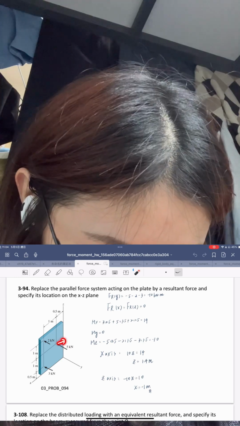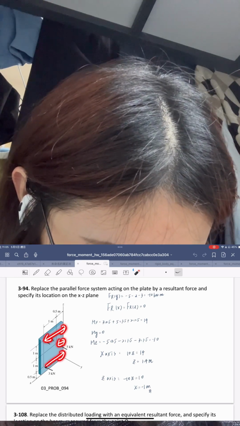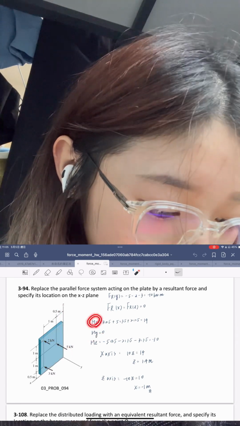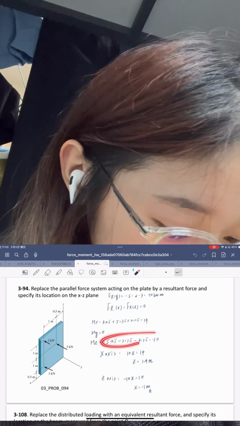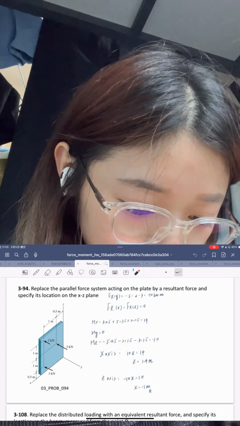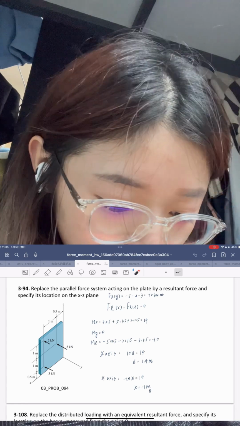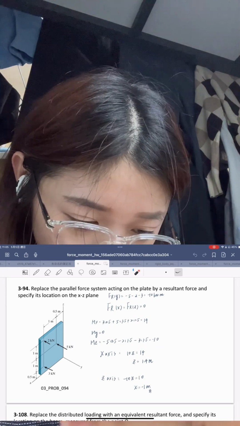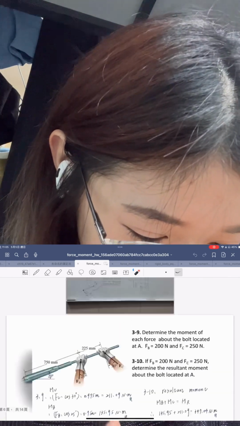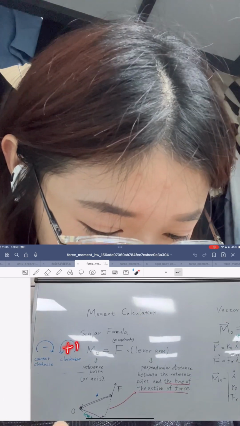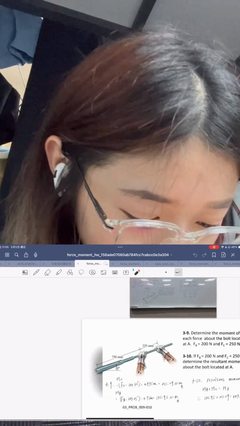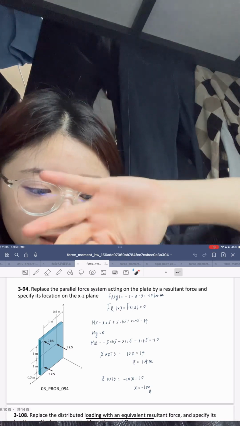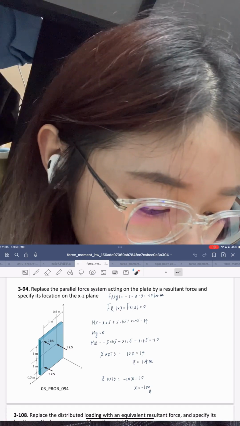For this, we have the distance from the z-axis, so we don't have the y moment, just the moment x and moment z. And this is simple with the z being zero because of the distance. Here is clockwise and this is counterclockwise, so this is counterclockwise with the minus.